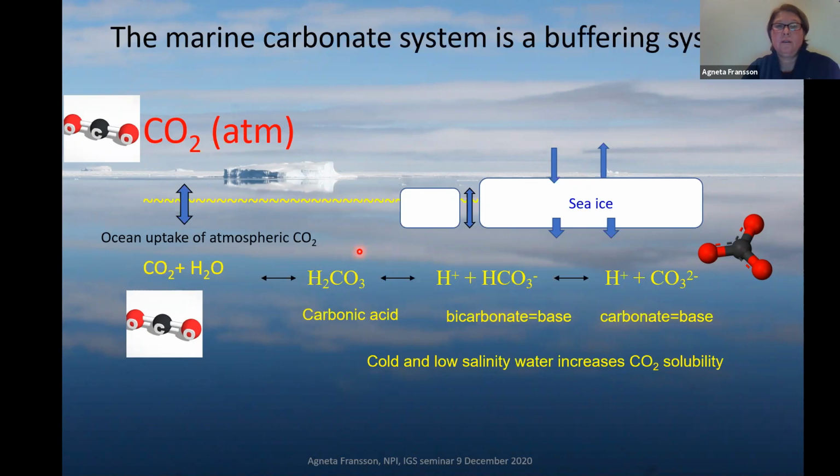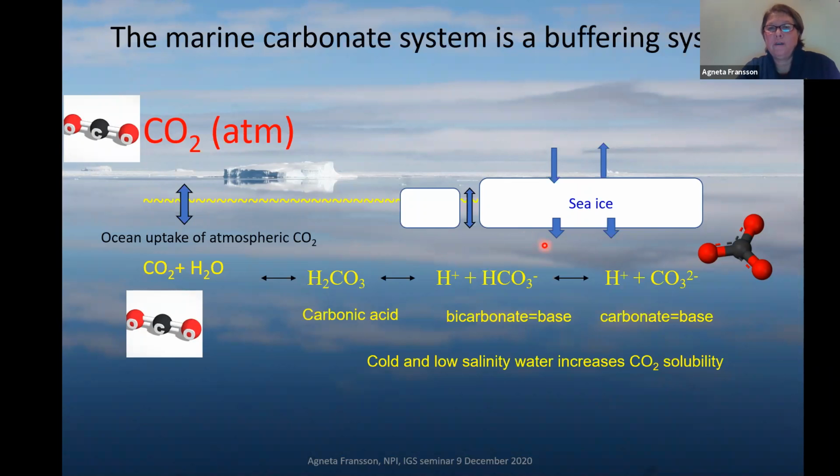Depending on whether CO2 is going into the ocean or out of the ocean, or we have different processes that affect carbon dioxide, these compounds will go in different directions to compensate and balance each other in these chemical reactions.